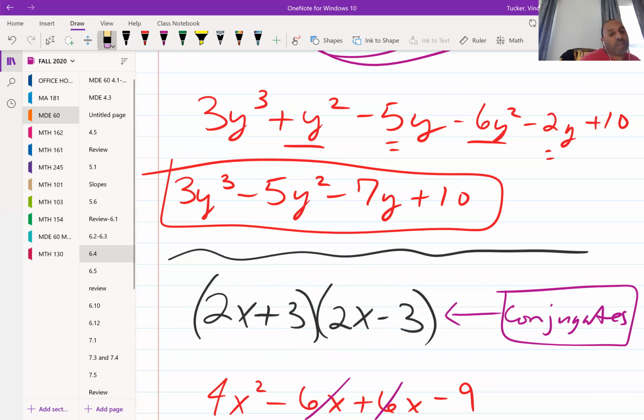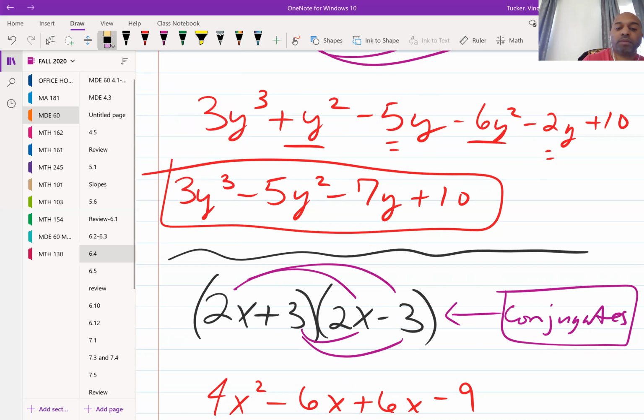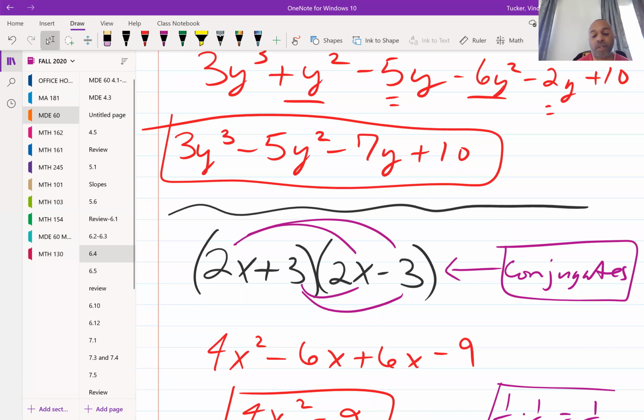So now we have 2x plus 3 times 2x minus 3. Whenever it's just the signs that are different, we have a plus sign here, minus sign here, plus sign here, minus sign here, they're called conjugates. So whenever that middle sign is different, you're dealing with conjugates. The reason why you bring that up is because when you multiply these, doing your binomial distribution, 2x times 2x is 4x squared. 2x times negative 3 is negative 6x. 3 times 2x is 6x, and 3 times negative 3 is negative 9.